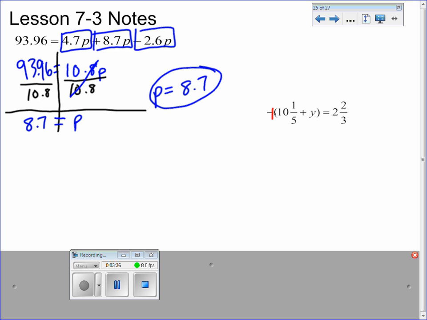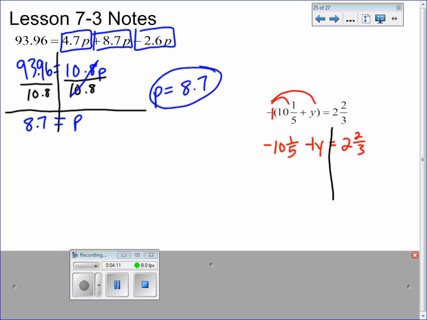So this is actually negative 1 times the quantity 10 and 1/5 plus y. The distributive property distributes to both, so you get negative 10 and 1/5, because negative 1 times 10 and 1/5 is negative 10 and 1/5, and then negative 1 times y is negative y, or negative 1y. And that equals 2 2/3. Notice that the distributive property did not distribute across the equal sign. It only applies to what's in the parentheses.